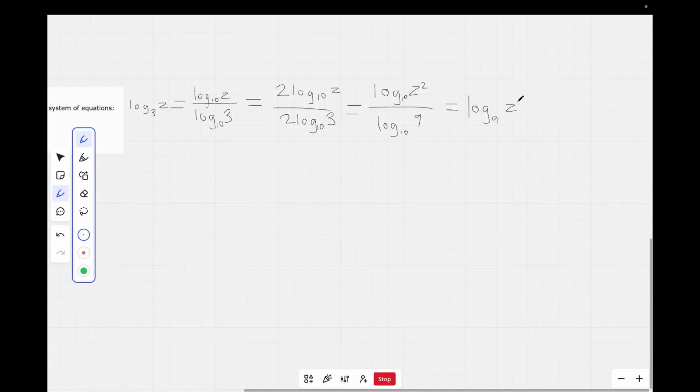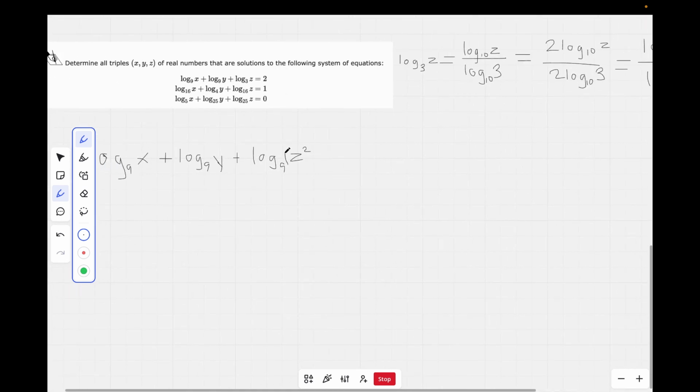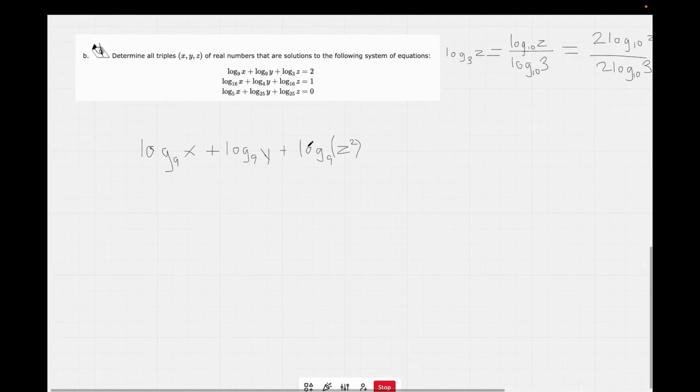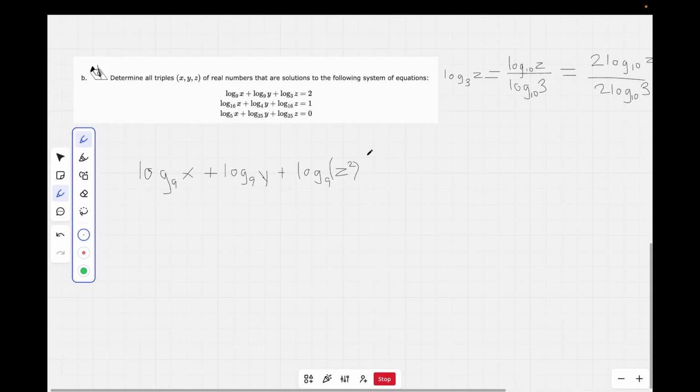I feel like you should probably also include parentheses around the z squared so that there's no confusion. Like, people might think it's log 10 of z and then squared. So you should probably include parentheses around this just to make sure that there's no confusion about what it's equal to. So yeah, you can get log 3 of z is equal to log 9 of z squared.